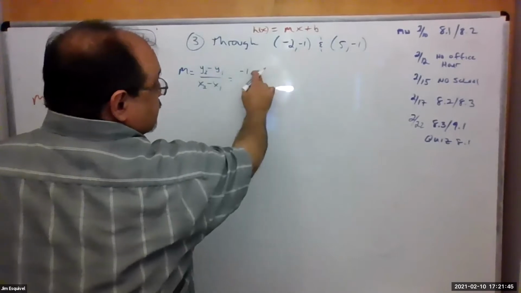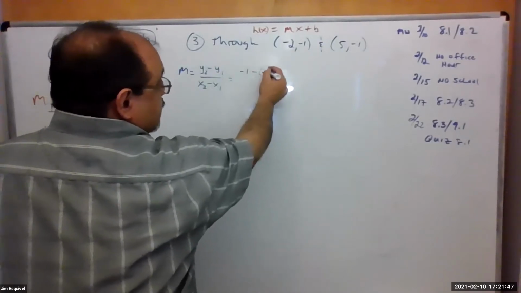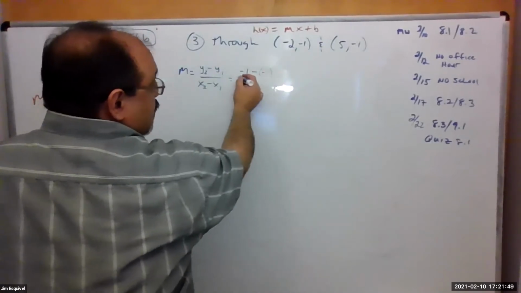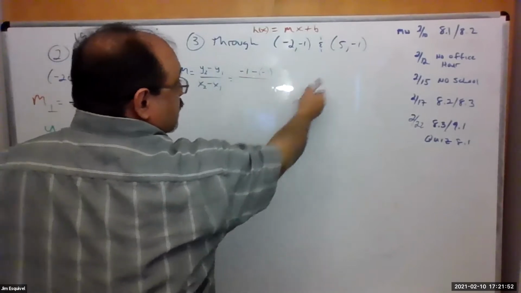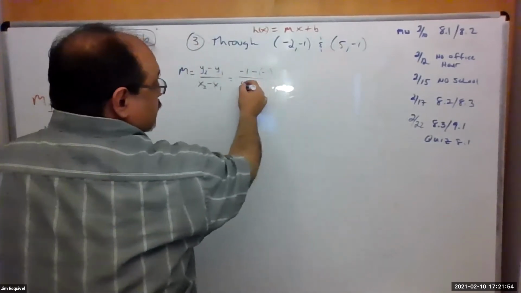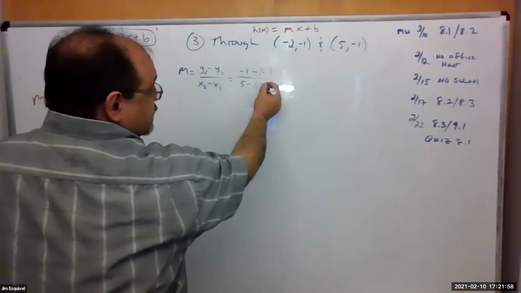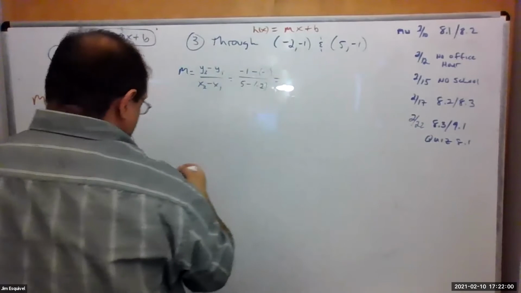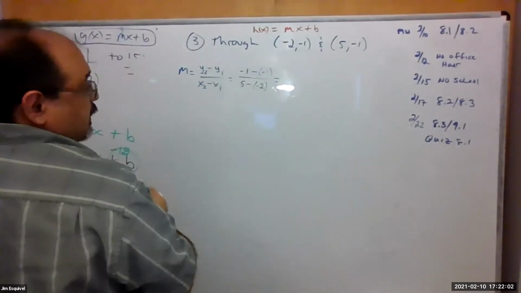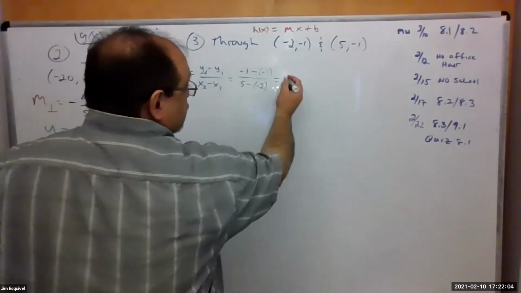So that's a negative, so parentheses, -1 over this 5 minus this X, which is a parentheses -2. And then 2 negatives make a positive.